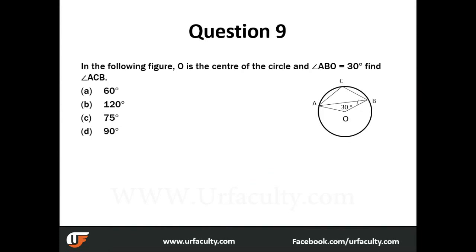The following figure, O is the center of the circle and angle ABO is equal to 30 degrees.